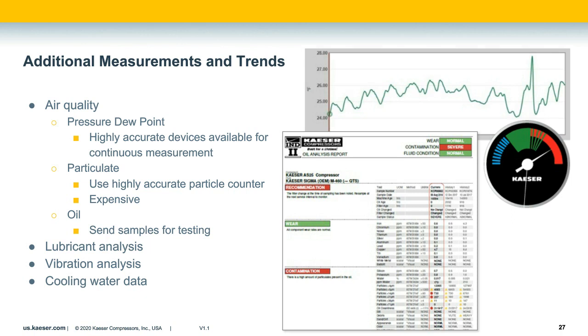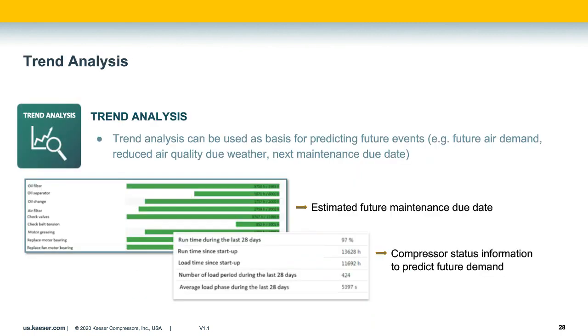So it's the critical information that we just talked about and the non-critical. These things mentioned here on the slide, maybe they're critical to you. Trend analysis is the basis for predicting future events. Now, these charts that we're showing right here are a simple overview. I'd like to highlight two of these particular values. Number one, estimating the future maintenance date based on current and historical data.